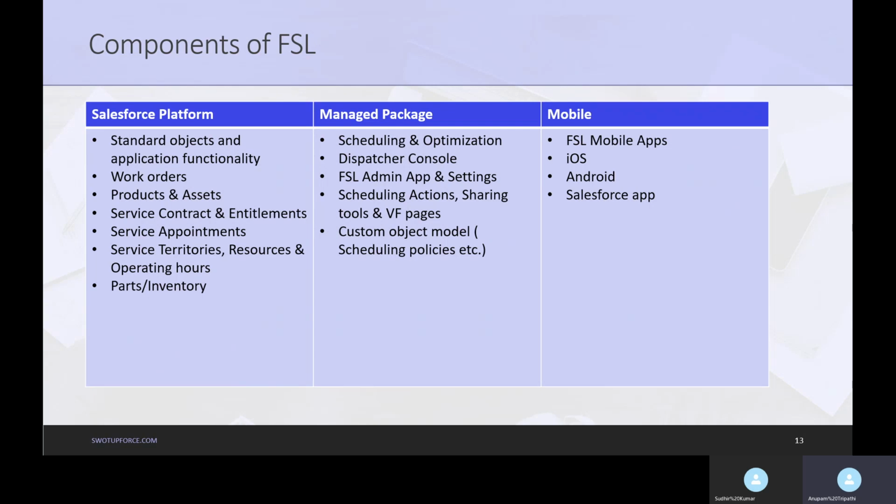So scheduling is one part, and optimization is what happens if there is an overlap or an emergency scheduling that needs to be done: how the optimization should happen, and how the work order should be assigned to the technician. All of this comes as part of the managed package.